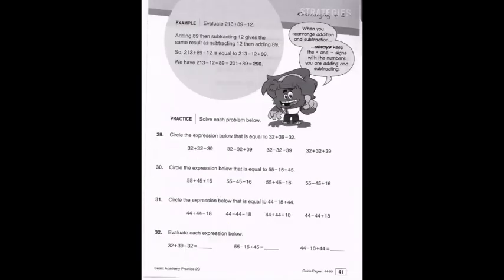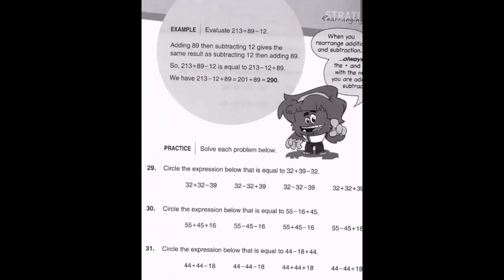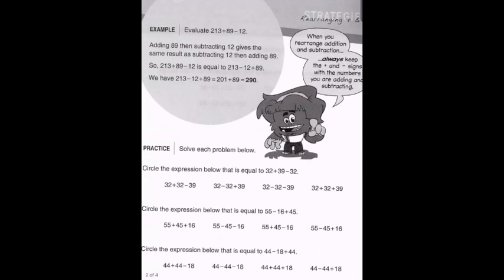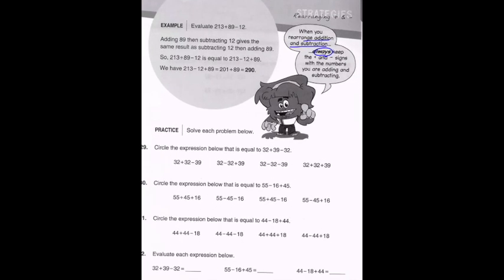Now another example says evaluate 213 plus 89 minus 12. And when you rearrange addition and subtraction, you always have to keep the plus and minus signs with the number you are adding and subtracting. So just because you switch these two doesn't mean you do 213 plus 12 minus 89.